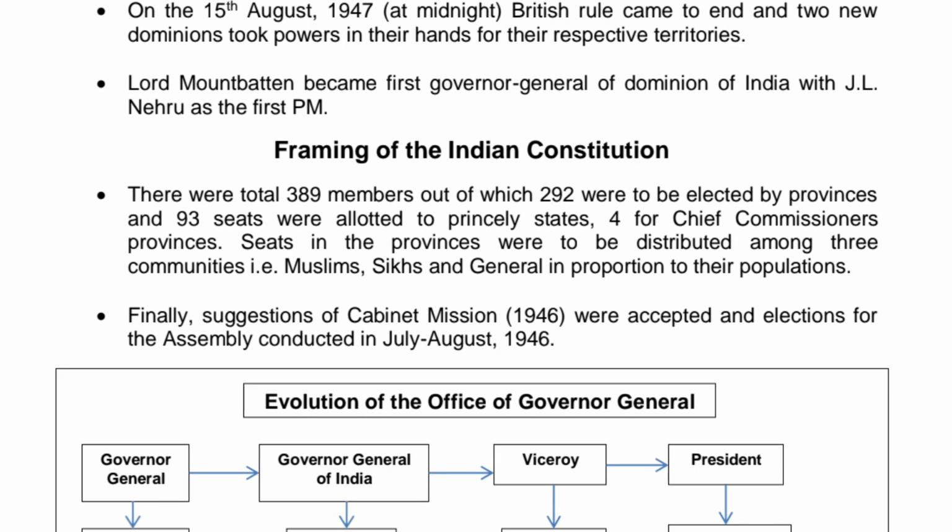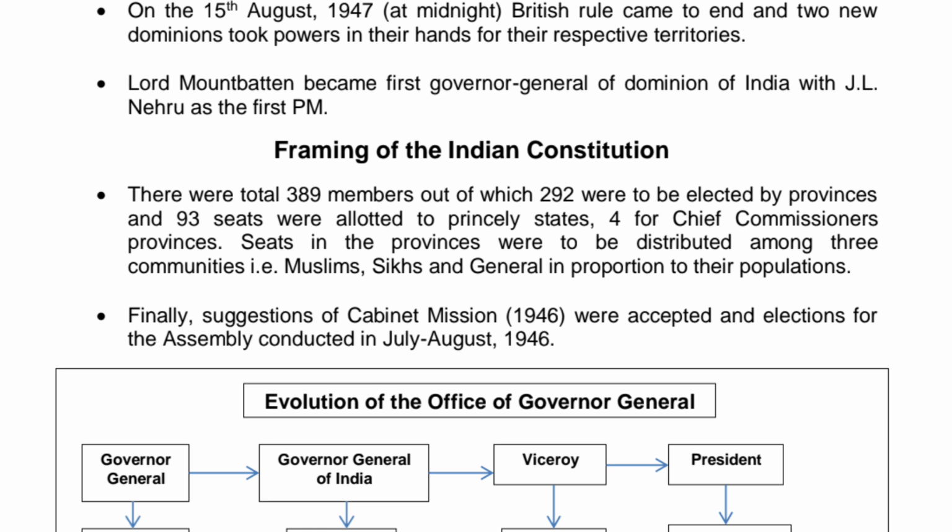Framing of the Indian Constitution. Here, there were total 389 members, out of which 292 were to be elected by provinces, and 93 seats were allotted to princely states, for chief commissioners provinces.